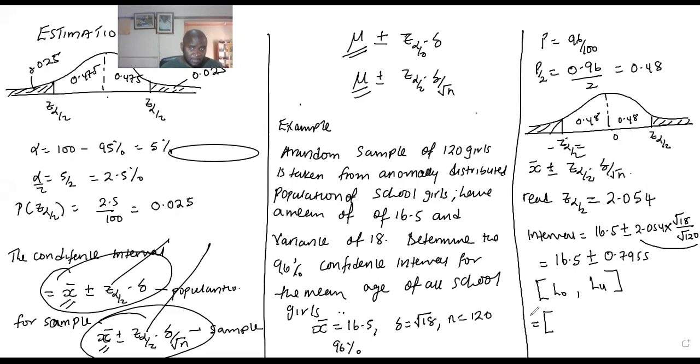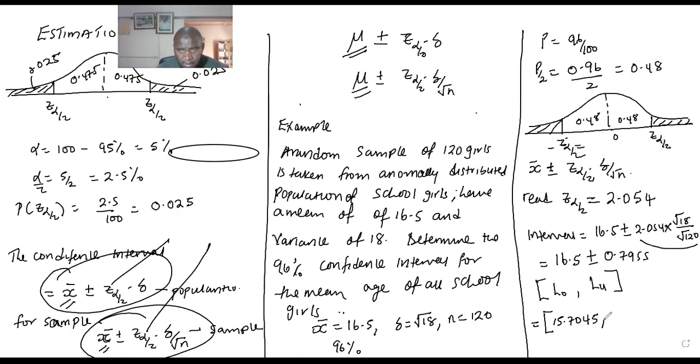Okay, compute 16.5 minus that answer. What do you get? 15.7045. Only for the small places.